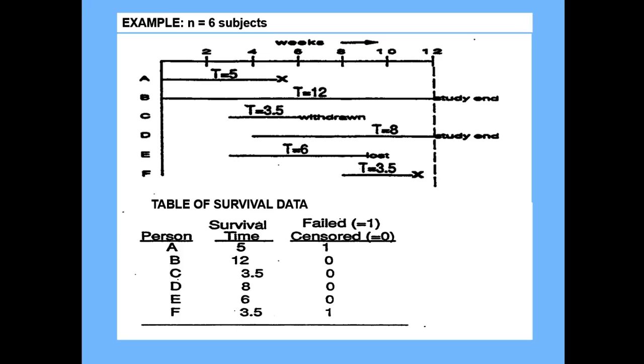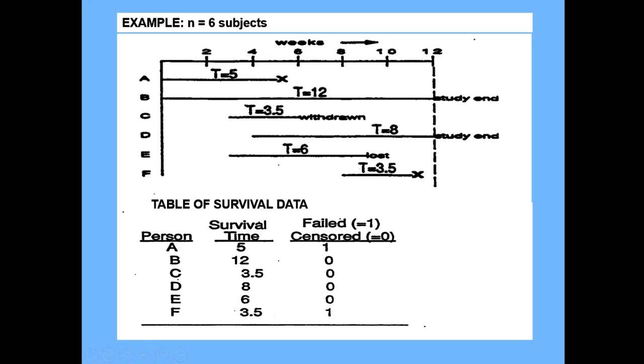Okay? So in this case, the data layout, you'd have one column which has the ID of all the people in your study, persons A, B, C, D, E, F, and then there's 2 bits of information we have here on these people. We have their survival time, 5, 12, 3.5, and so on. We need to know that, but that's not enough.